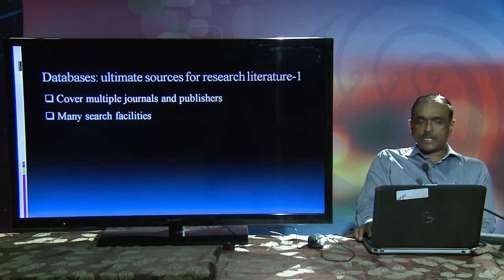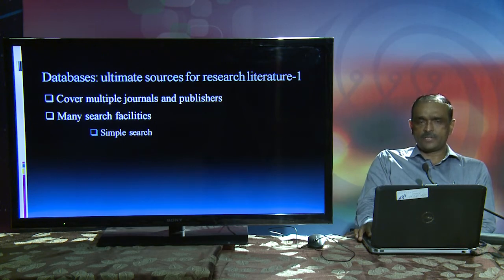Of course, they also have many search facilities. Since databases cover a huge number of journals, unless appropriate search facilities are provided, it will be difficult to identify a particular article on a given topic, and that is why they have got many search facilities.